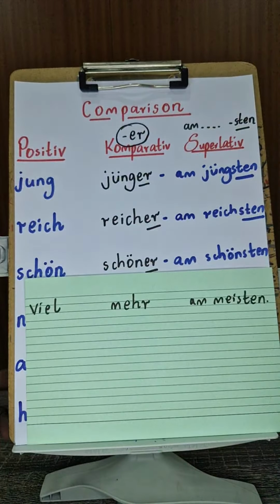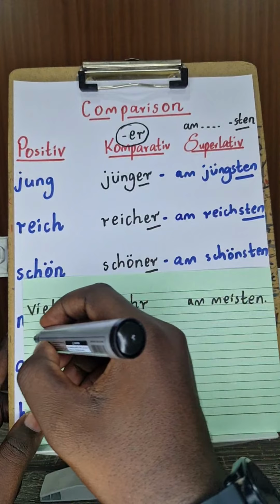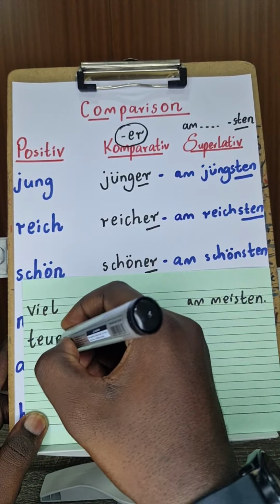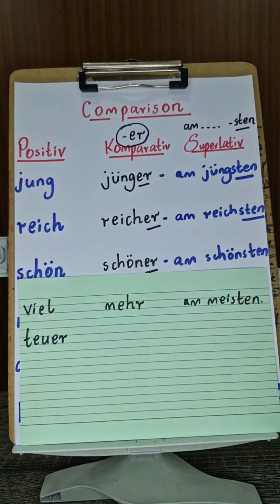Okay, let's take another example, which is also irregular. Another one that is also very irregular is teuer. Now, here you have to be careful with the spelling of the E-U-E-R. Teuer normally is T-E-U-E-R. Who wants to try this? Teuer in the comparative, very irregular also. Now, teuer, you can see originally is T-E-U-E-R, right?